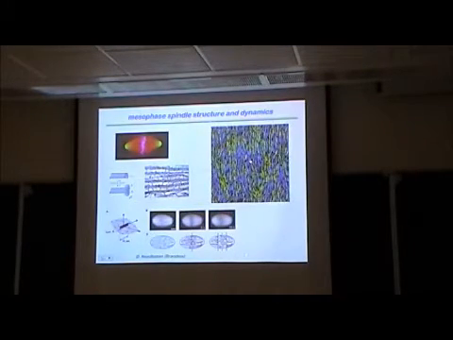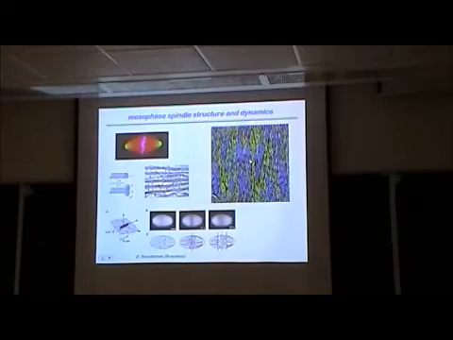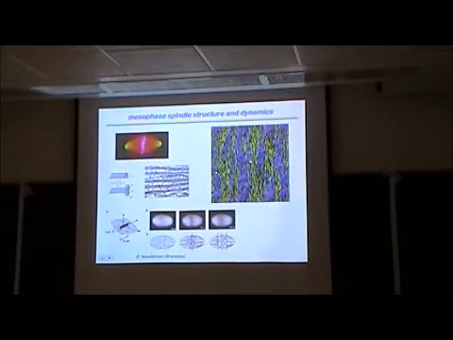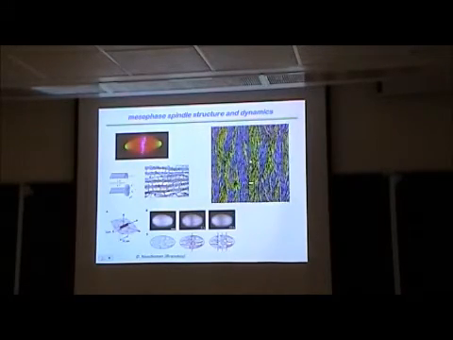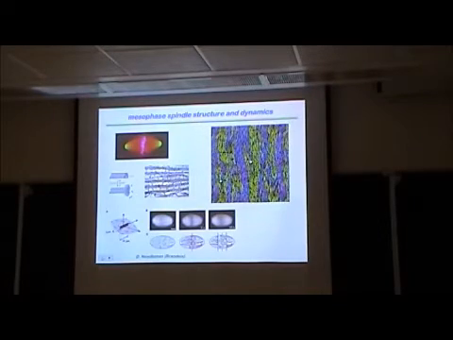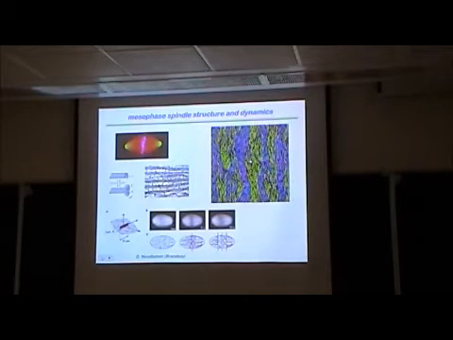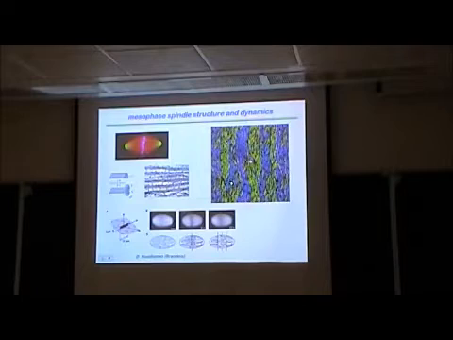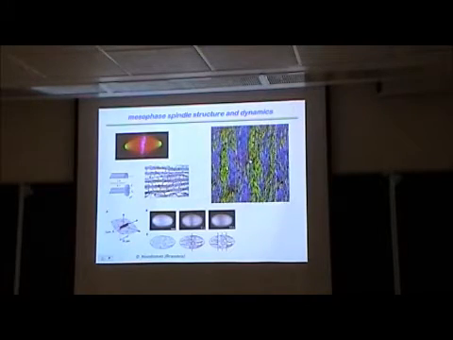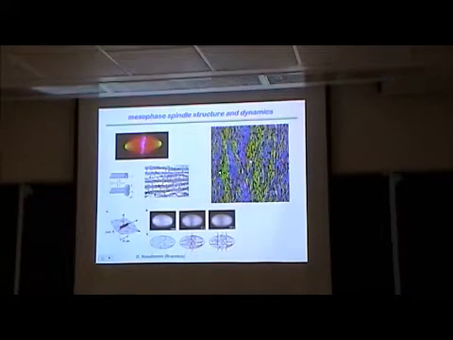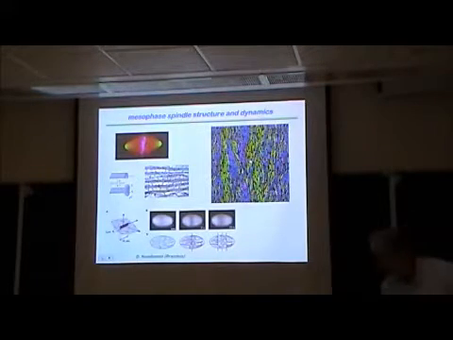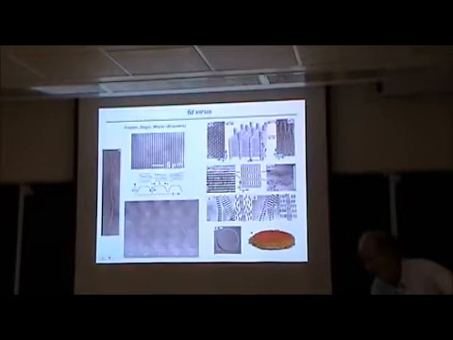So this is a simulation of this. This is a nematic of rods. Since these things are polar, this is a polar nematic, so the polar direction of each rod is given by the color here.